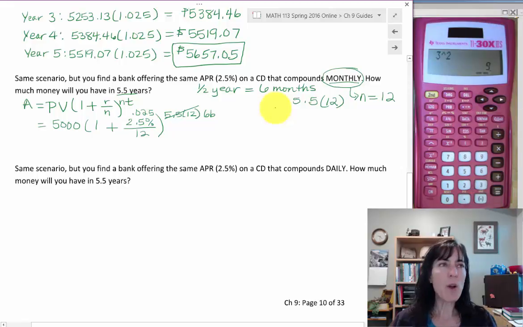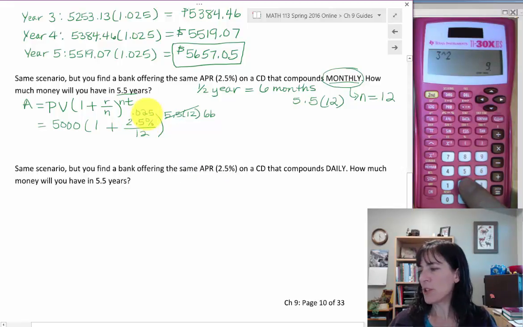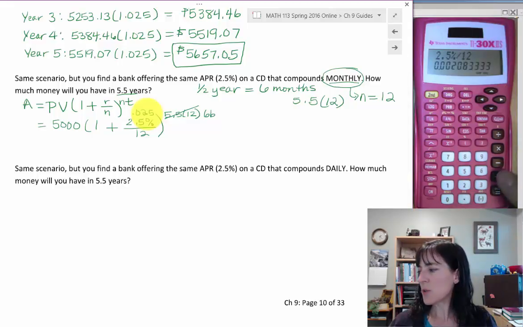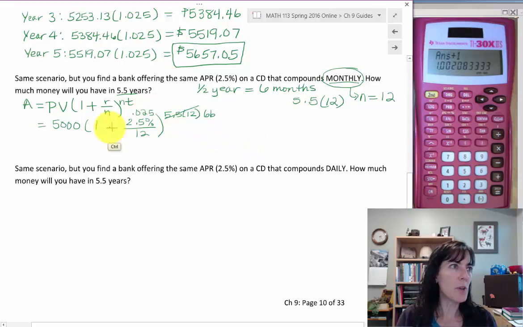And on this problem, we're going to be taking our quantity in parentheses to the 66th power. So here I'll start on this fraction, and I'm going to show you 2.5% divided by 12 equals, and then I'm just going to add in that 1 that we had, and then I'll write it down over here.